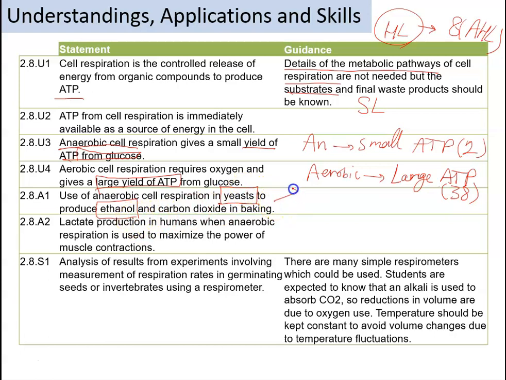So there are 2 different ways when there is no oxygen. In yeasts, they produce ethanol, but in muscle, there will be lactic acid. This is the 2 ways in case of anaerobic respiration.